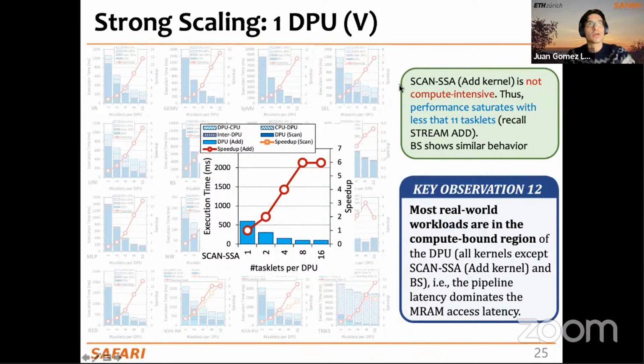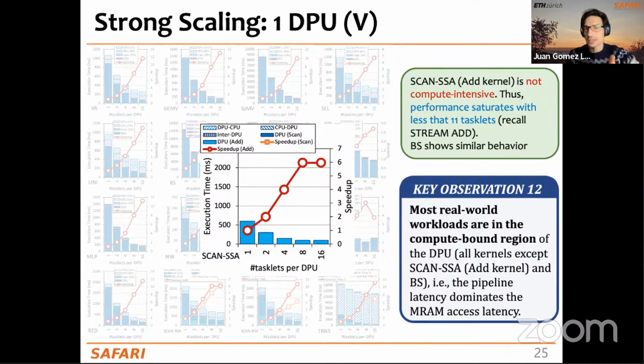So in this scan add kernel, the only thing that we are doing is reading elements from an array that resides in the MRAM, and we are adding a certain constant value to each of the elements in the array. So in the end, we are reading elements from memory, just performing one addition per element, and then we write back. So it's not really a compute intensive kernel, because the amount of computation is very small.